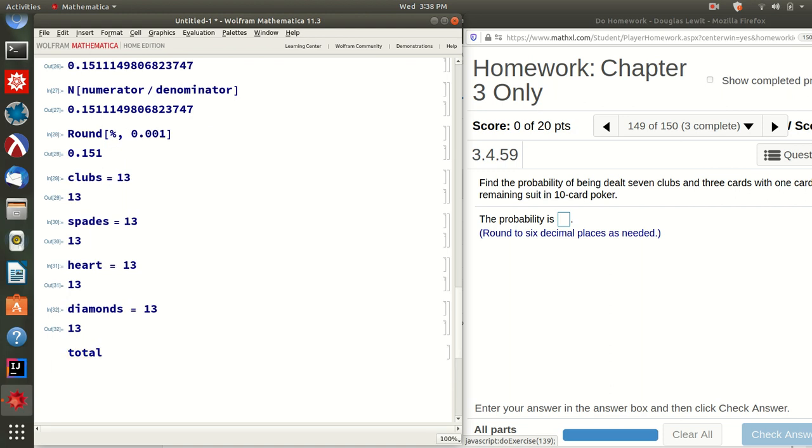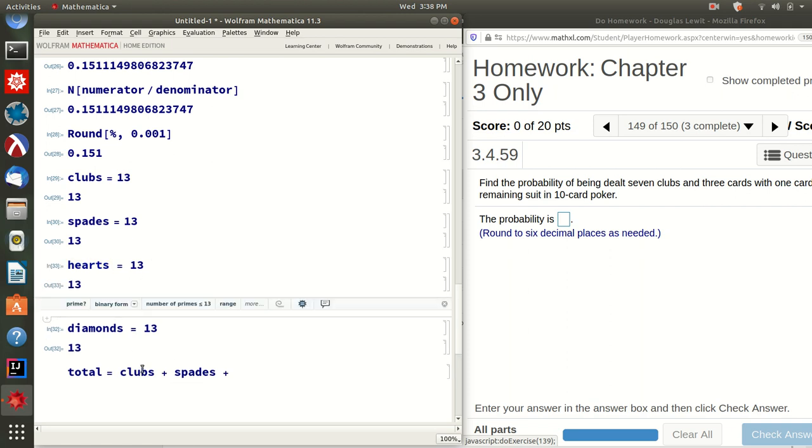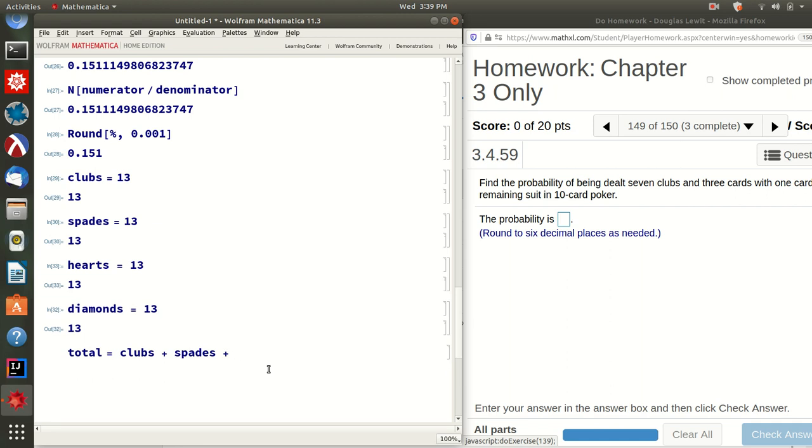If I add up the number of clubs, the number of spades, the number of hearts, and the number of diamonds, I'm going to get 52, which is the total number of playing cards.